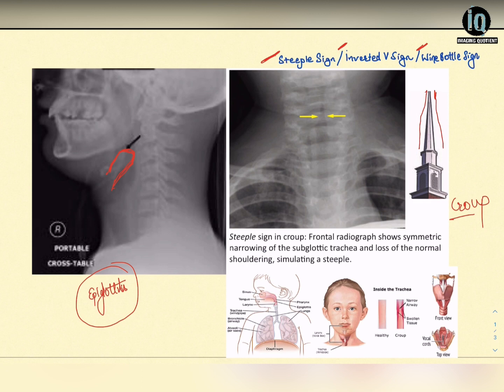Here we can see there is tapering in this subglottic airway region, which resembles the church top, also giving the appearance of a steeple. So it is known as Steeple sign or inverted V sign or wine bottle sign.